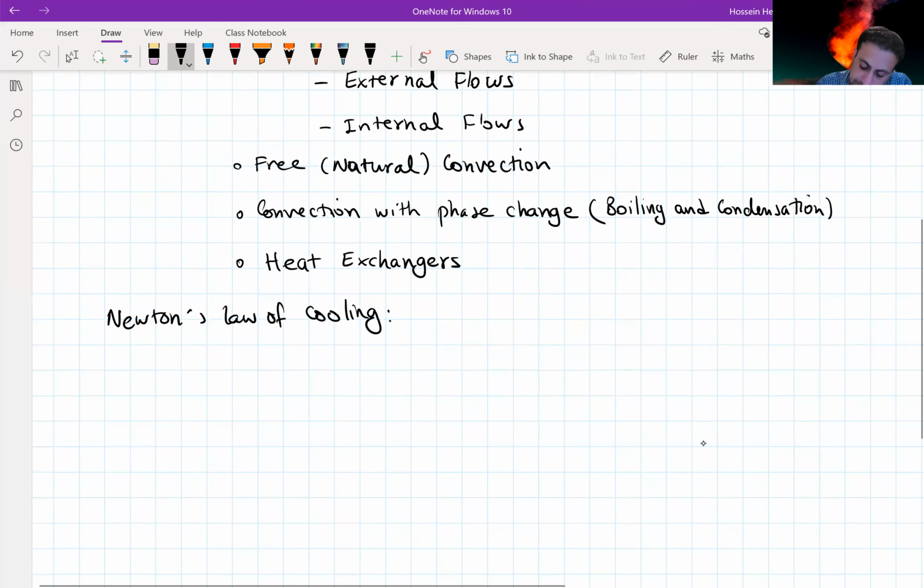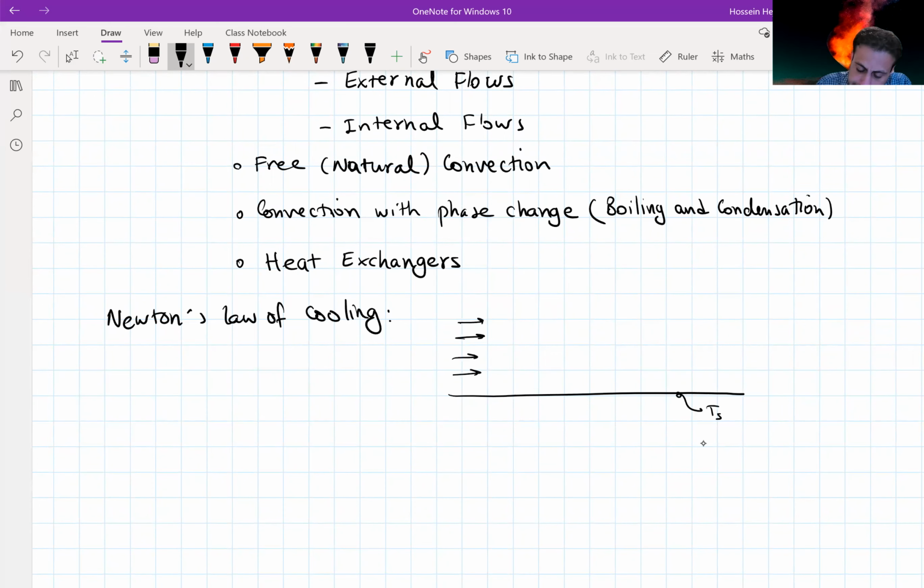We had a solid surface with the temperature of Ts, and there is a flow with the velocity of u infinity and temperature T infinity flowing over this surface, and there's going to be heat transfer from the solid to the fluid, or fluid to the solid. For this convective heat transfer, we're using Newton's law of cooling, which is Q = h (Ts - T infinity) As.